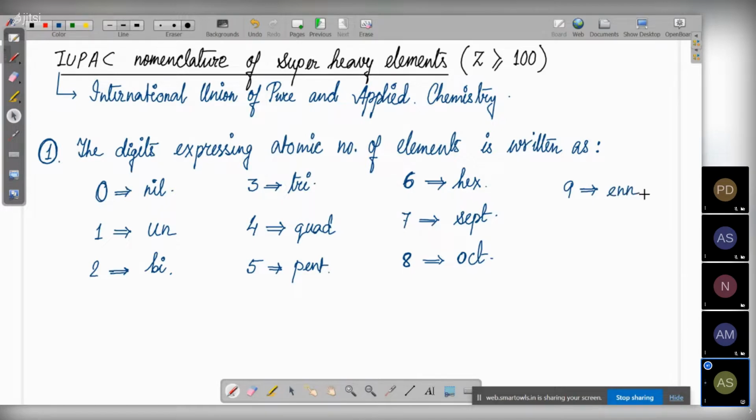Okay, so this is how we are going to call the digits: nil, un, bi, tri, quad, pent, hex, sept, oct, and enn.